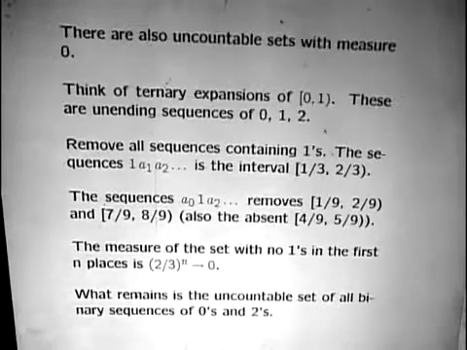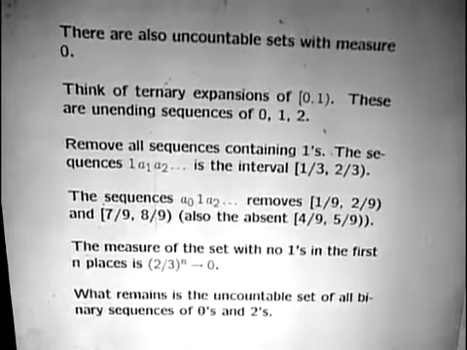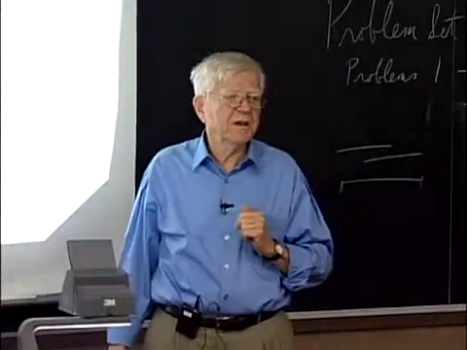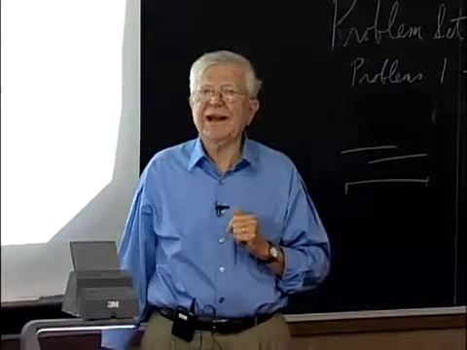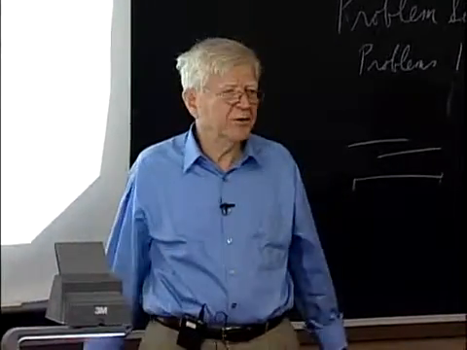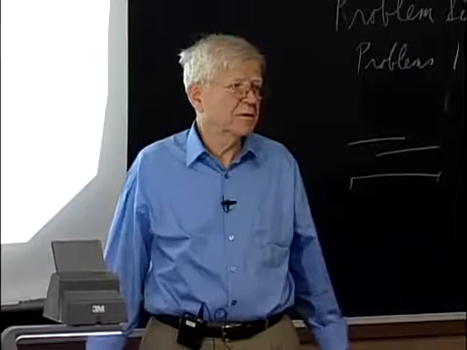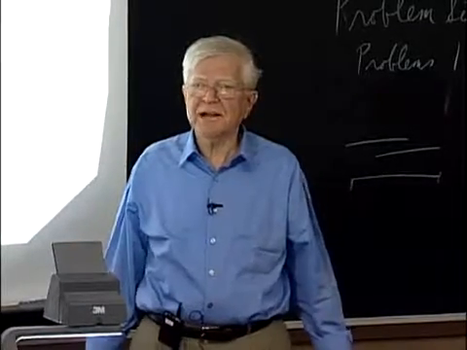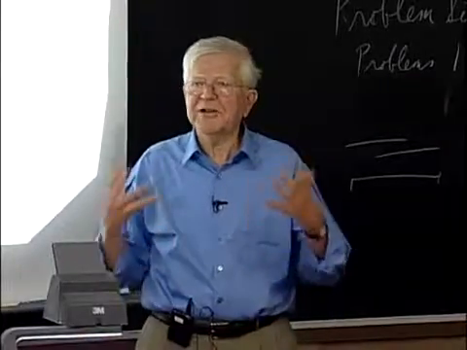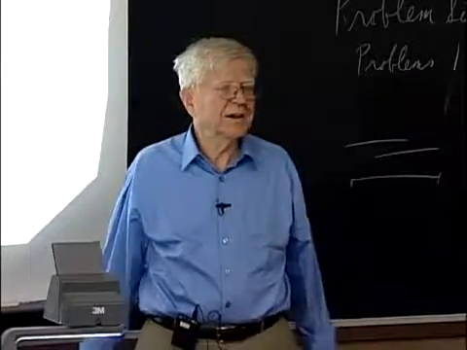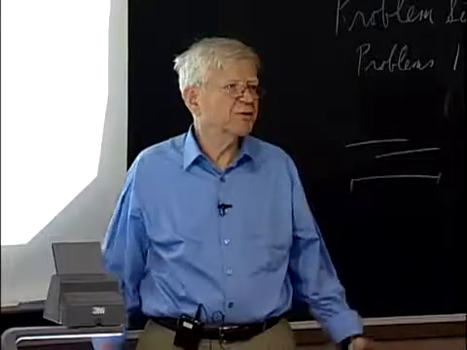When I remove everything which has a 1 in the third position, I'm down to 2/3 cubed. When I keep on doing this forever, what happens to 2/3 to the n? Well, 2/3 to the n goes to 0. Okay, in other words, I have removed a set of measure 1, and therefore I'm left with a set of measure 0.